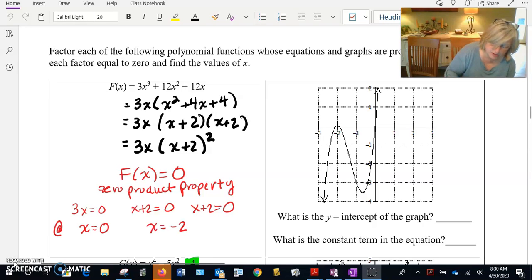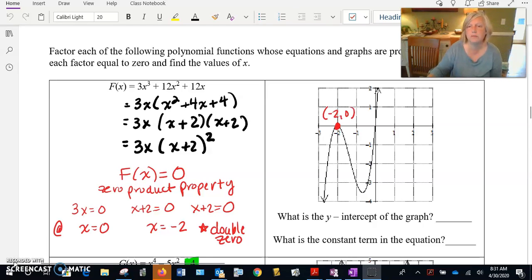Now, this does tell you something, the fact that this occurred twice. This is what's called a double zero or a double root, and that's something that hopefully rings a few bells in you. Now, looking over here at our graph, you can see right here that there is an x-intercept of negative 2, 0. And also, do you see how this bounces as it goes up through there?